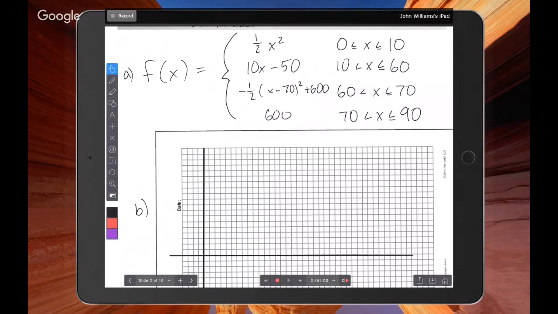I know time needs to go out to 90, so I'm going to go 10, 20, 30, 40, 50, 60, 70, 80, 90. And I know distance has to go up to 600. So I'm going to say 100, 200, 300, 400, 500, 600.